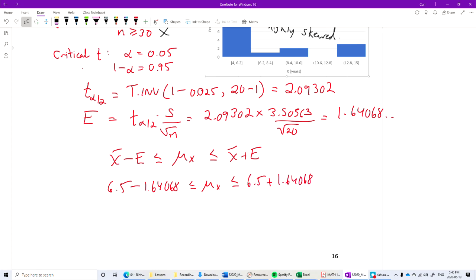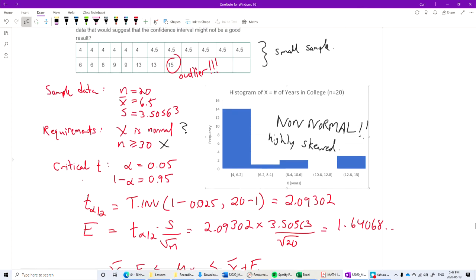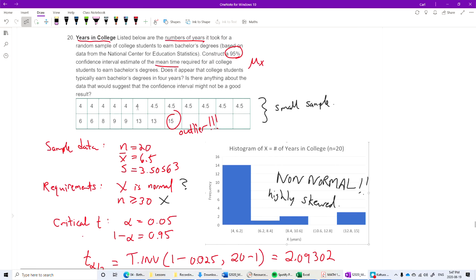So if I do 6.5 plus it, I get 8.14. And remember that I'm going to be rounding this off to be the same number of, no, I take that back. We're going to be matching the number of, what am I saying?